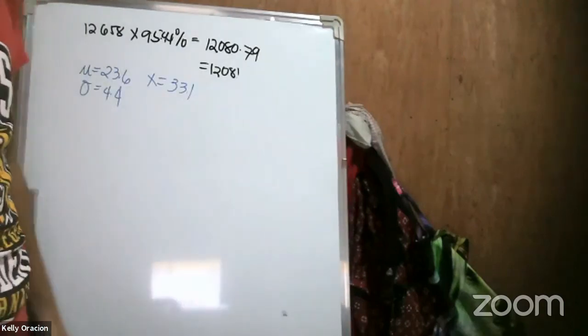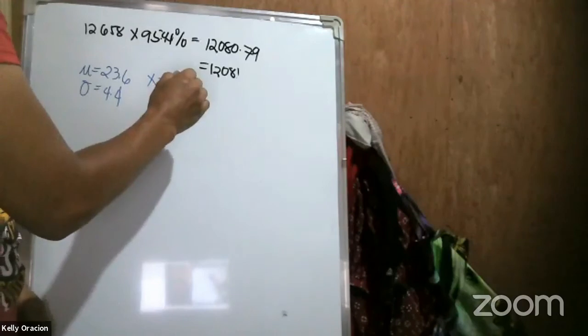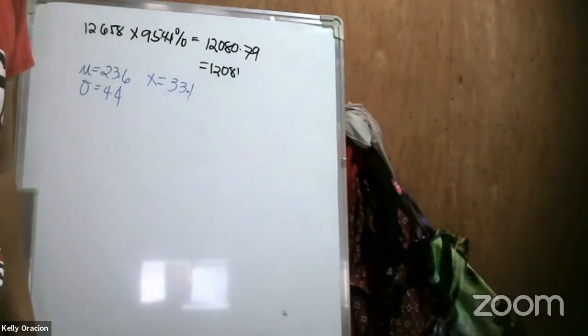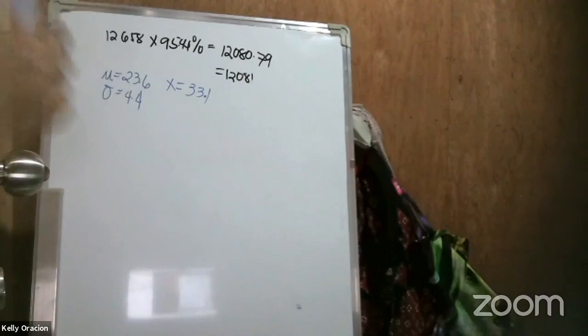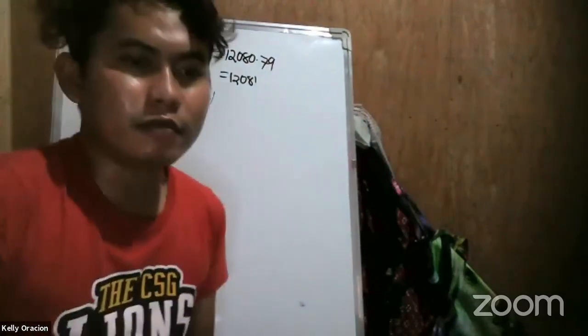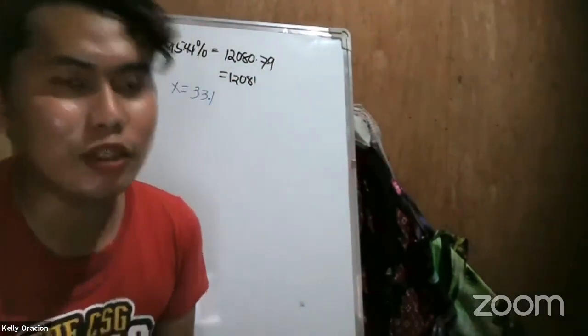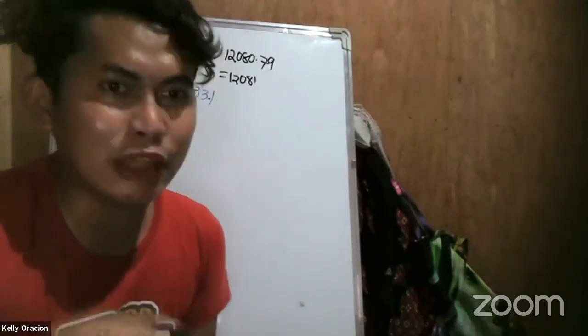The situation is outlier. So outlier, that's 2 standard deviations, either above or below the mean.